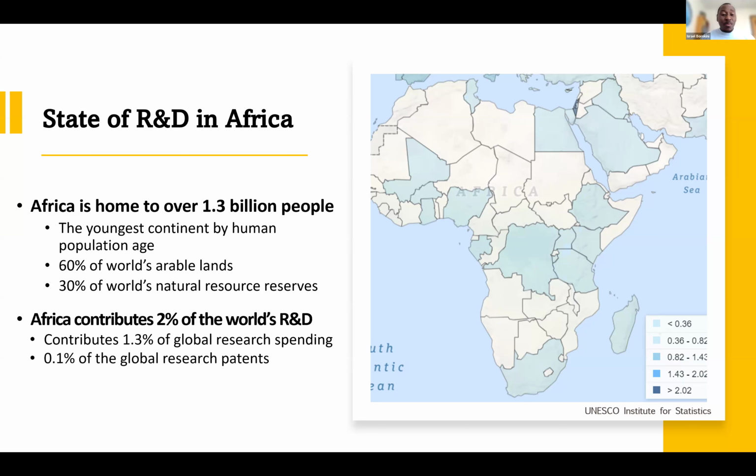And less than 1% of global research patents come from Africa, and there's an average of 198 researchers per million people on the continent. These are areas where a lot of improvement is needed, which are some of the things that I'm going to be talking about for the rest of the presentation.